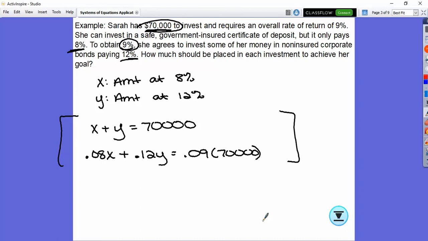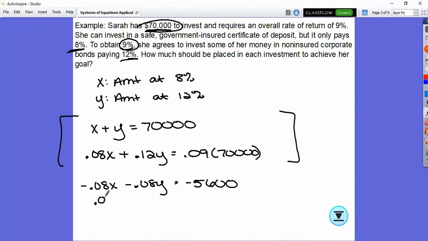Let's do elimination. So if I want to eliminate my X, what would I take the first one times? Negative 0.08. So it gives me negative 0.08X minus 0.08Y. Negative 0.08 times 70,000. Negative 5,600.